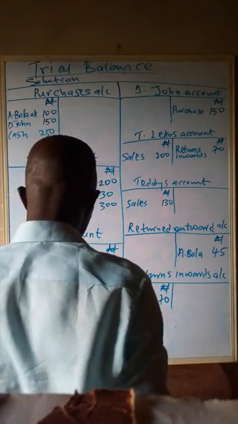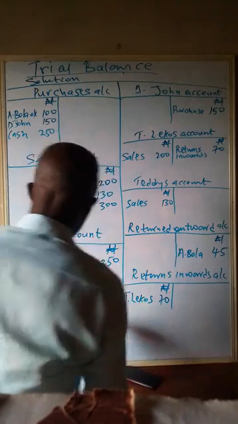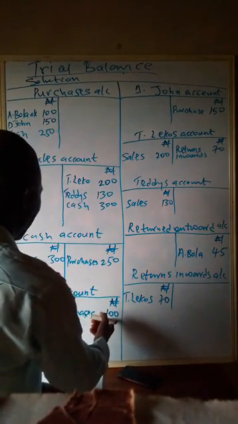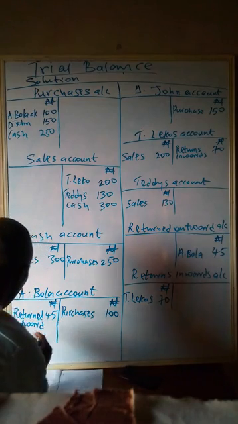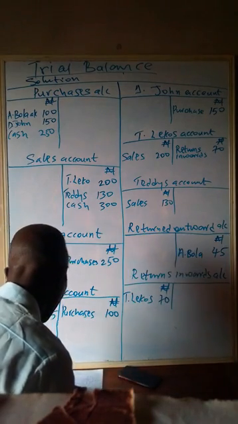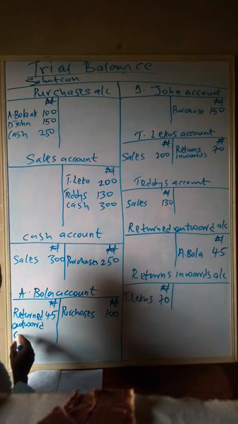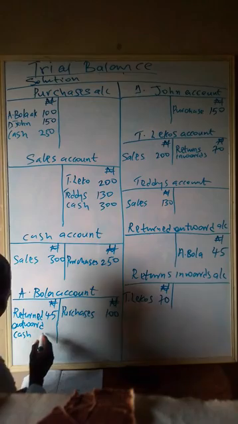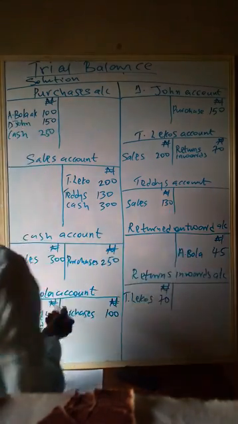Paid cash to Ebola. We are still owing Ebola. We bought goods for 100 naira, we returned 45, and we now pay him the remaining balance, that is 55 naira. That is cash.